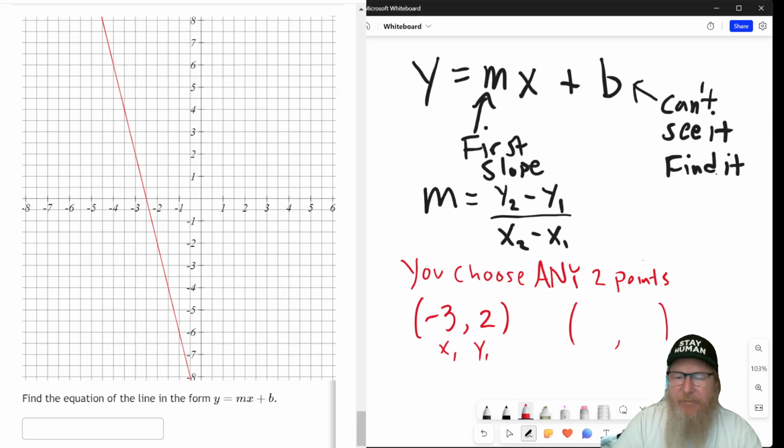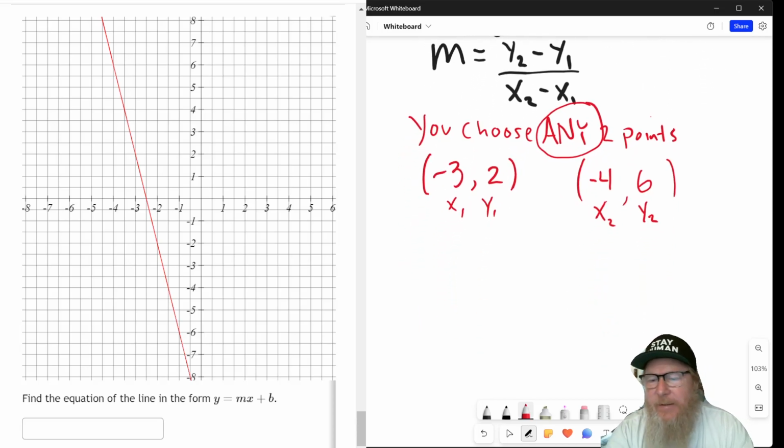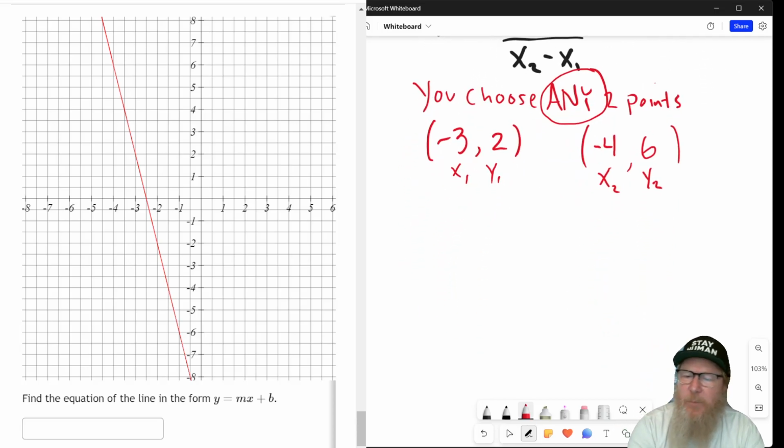So negative 4 and 6. That was my second choice, so that's going to be x2 and y2. You can literally choose any pair and you can label them any way you like. The x's and y's must be in that order, but as long as they're in the right order, it doesn't matter which one you say is x1 and y1.